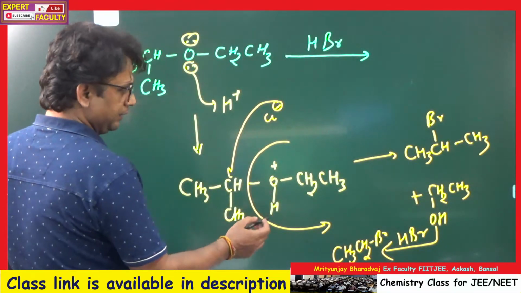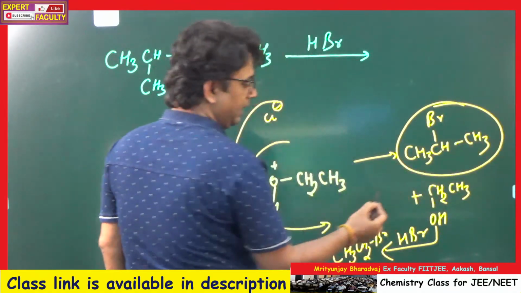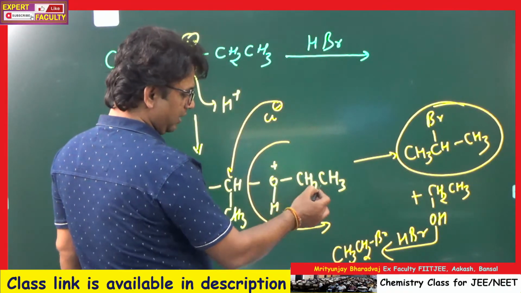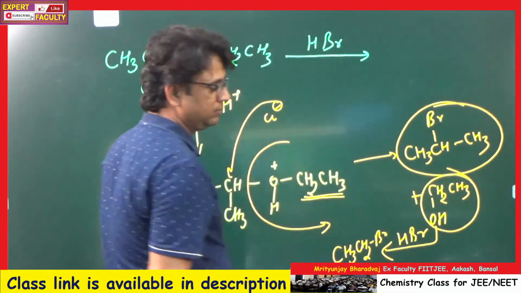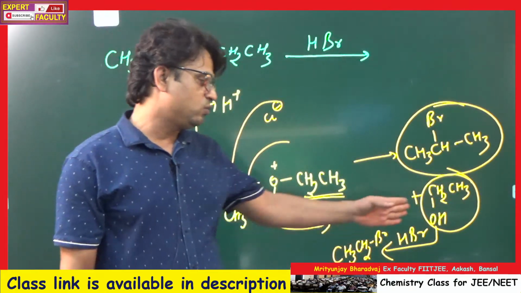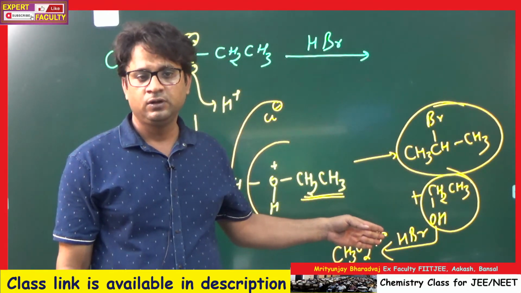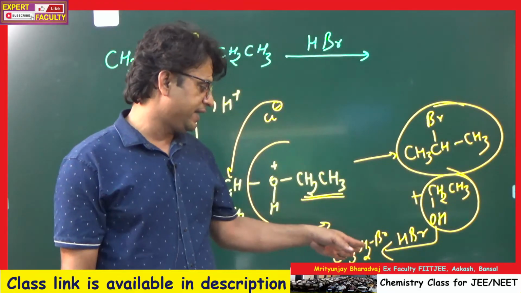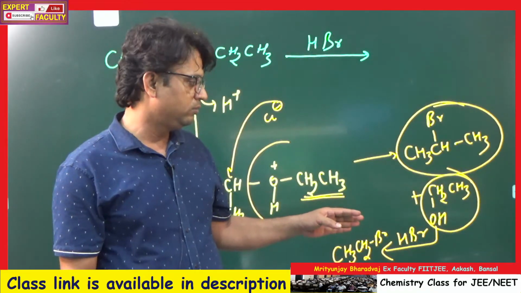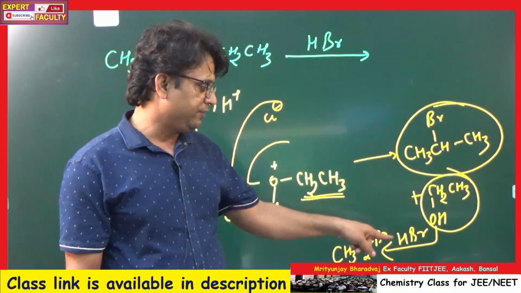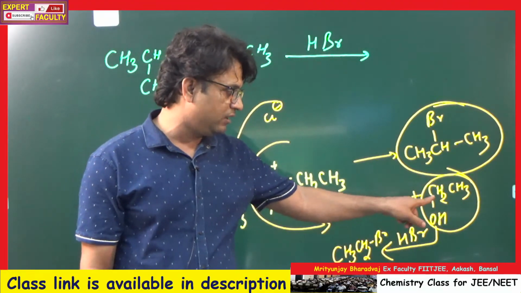Look, the alkyl bromide will form, and along with the bromide, the other carbon chain will be converted into alcohol. And this alcohol will further react with the HBr. When the alcohol further reacts with HBr, it will be CH3CH2Br. So basically we are reacting the second HBr with the alcohol.